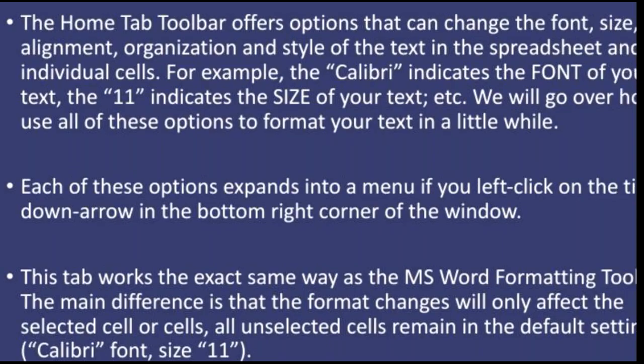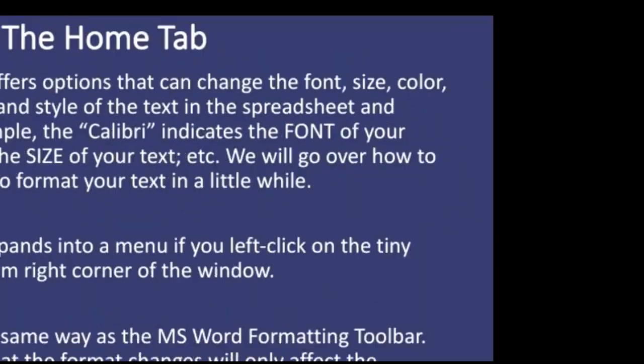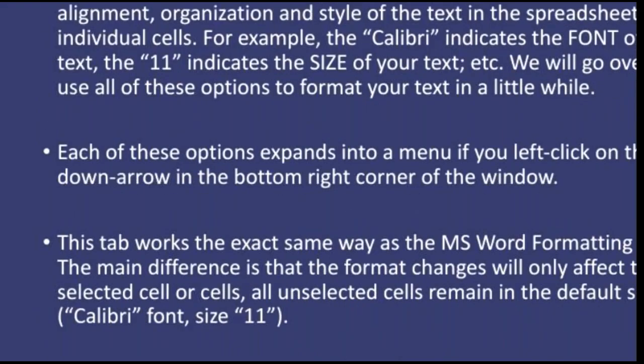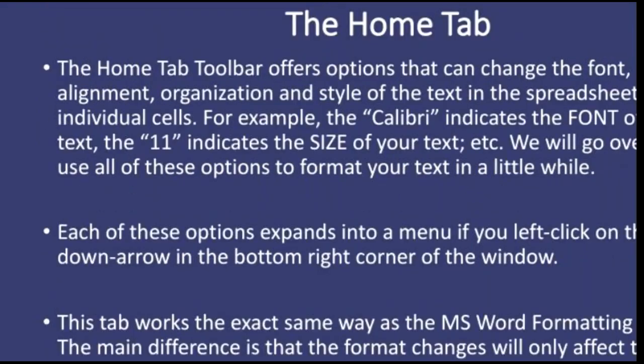Now let's see from previous examples that I showed you earlier. You could see that when we opened it, the Calibri and the 11 indicate the font and the size of the text.